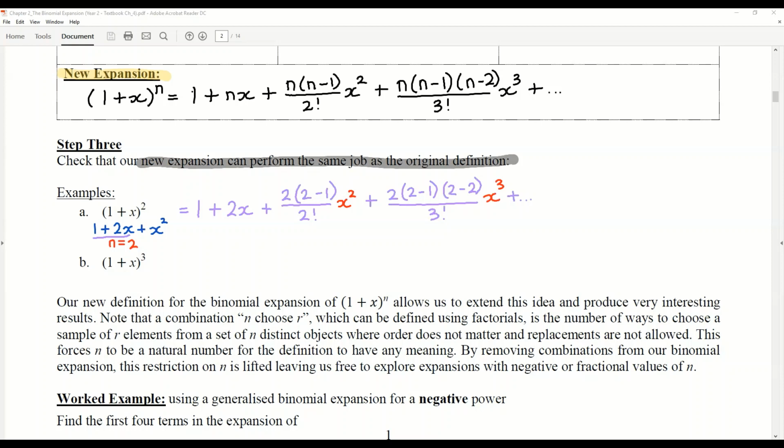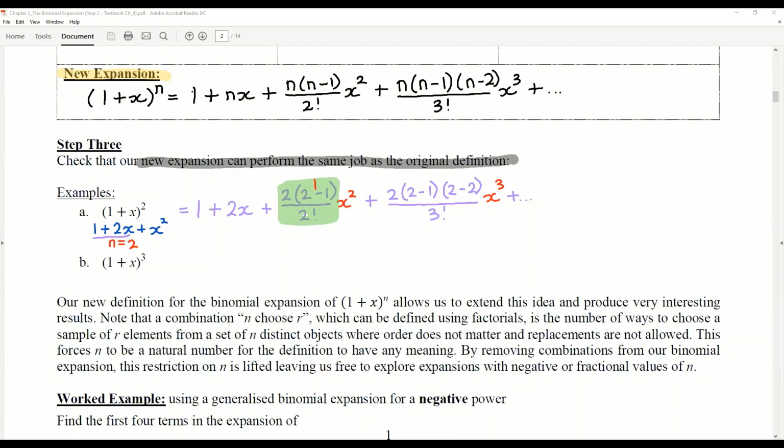Now, let's just have a close look. The first two terms are correct. And if we draw attention to this third term here, particularly the coefficient, I just want to evaluate this. 2 multiplied by 2 subtract 1. Well, obviously 2 subtract 1 is just 1, and 2 factorial is just 2.